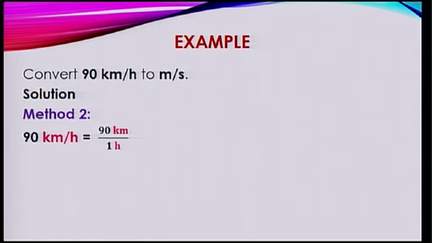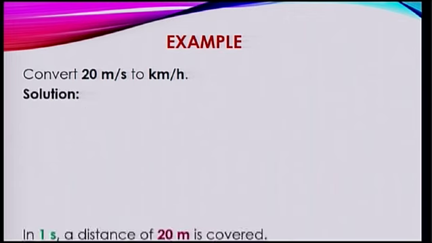Now, to convert kilometers to meters, what do we do? You multiply by 1,000. And hour to seconds, so you will multiply by 3,600. So we have 90 times 1,000 divided by 1 times 3,600, which will give us directly 25 meters per second.